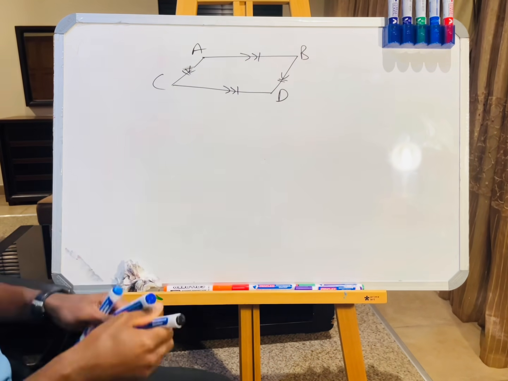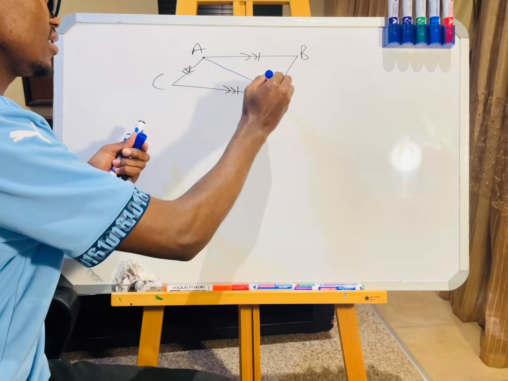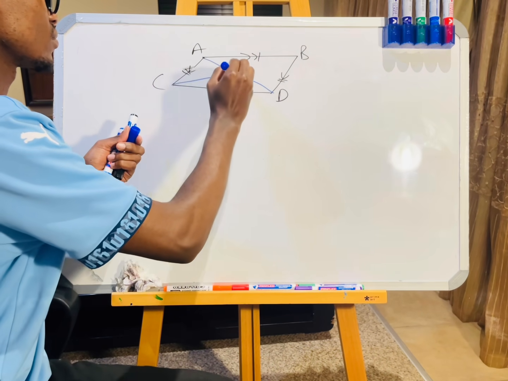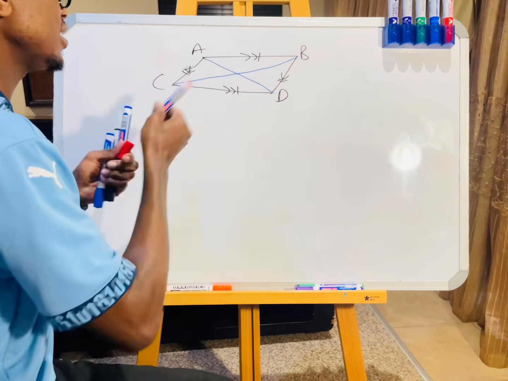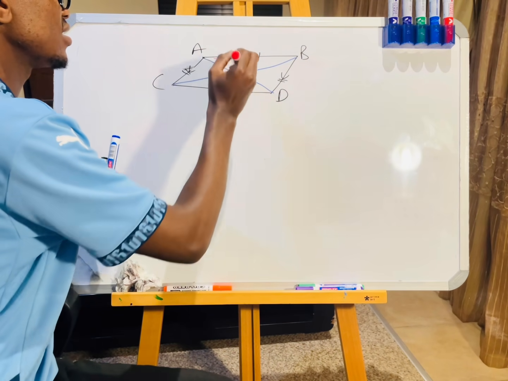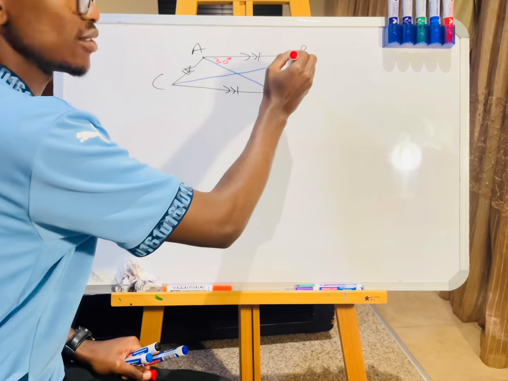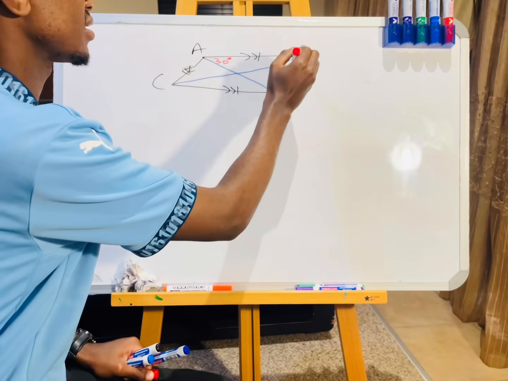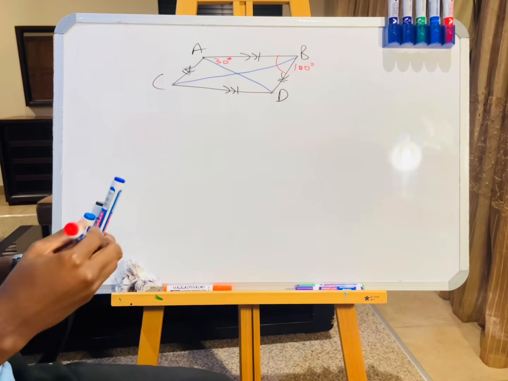What happens is that the diagonals bisect each other. That's what we are given. And then you're also given that here you have 30 degrees. And this whole angle here, they say it's 100 degrees.